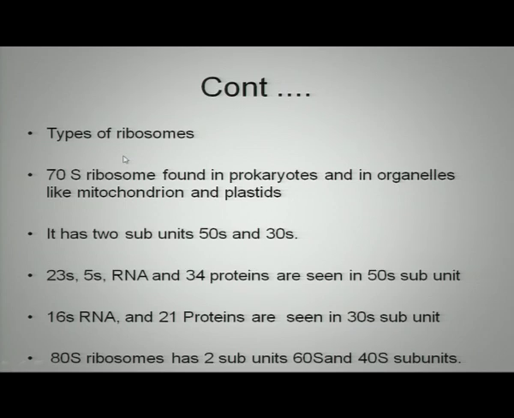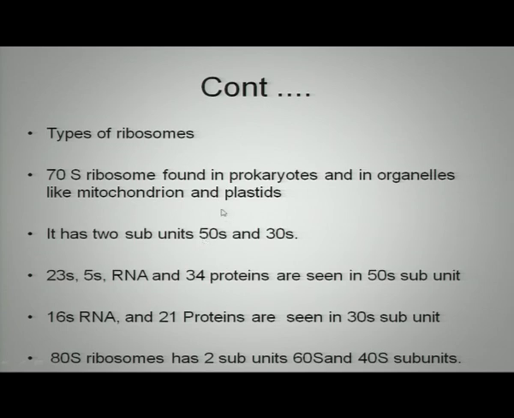Now regarding the types of ribosomes, there are two different types of ribosomes. One is the 70S ribosome and the other is the 80S ribosome. Now regarding the 70S ribosome, 70S ribosomes are found in prokaryotes and in the organelles of mitochondrion and plastids.